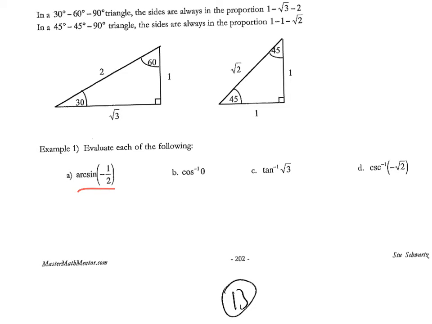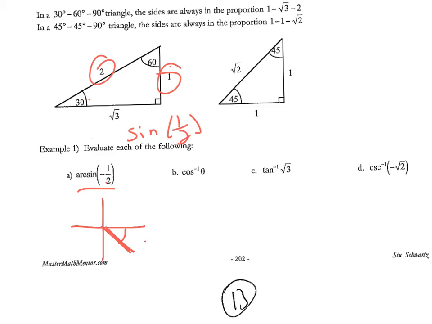Arc sine: what angle has a sine of positive 1/2? If I look at this 30-60 right triangle, I see 1 over 2 is 30 degrees, or pi over 6. But because this is negative, our output comes out down here in quadrant 4.